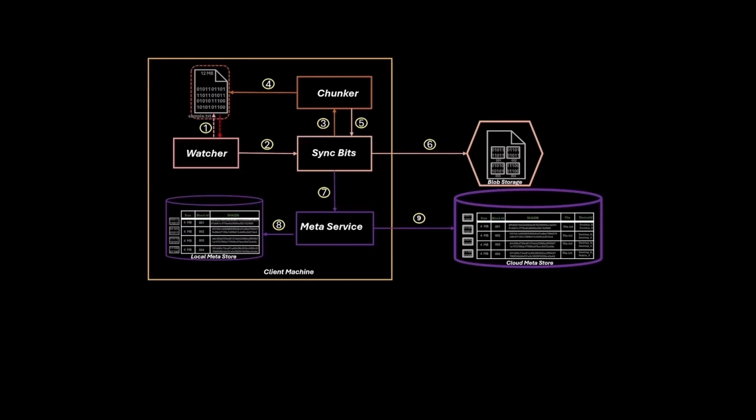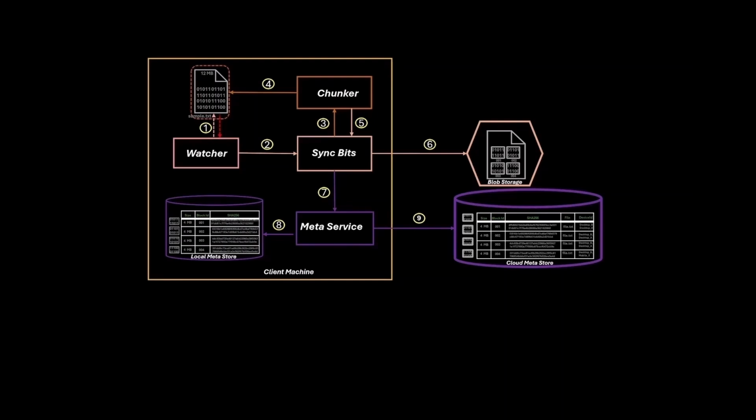In the second part, since the file is already uploaded, we'll cover the scenario where the existing file will be updated, so any existing chunk of that file will get changed. Since the data of that file is already present in the local metastore, the newly created chunks will have some chunks with a mismatch against the existing saved chunks in the local metastore.